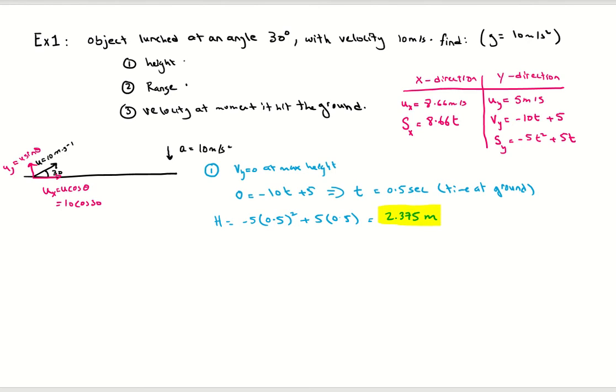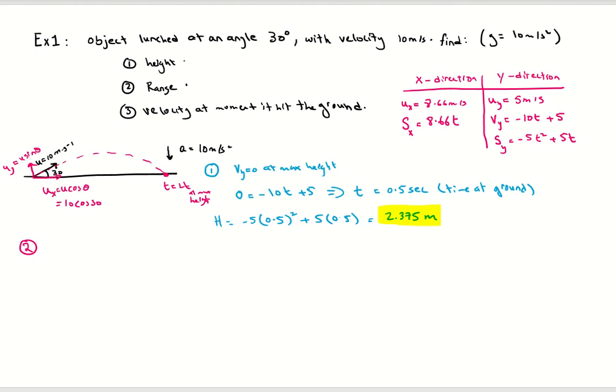Now, if you were asked to find the range, then if there is no air resistance, this means that the time at the ground is double the time at maximum height. Okay, so it's going to be 1 second. But let's say that I was not asked for the height.